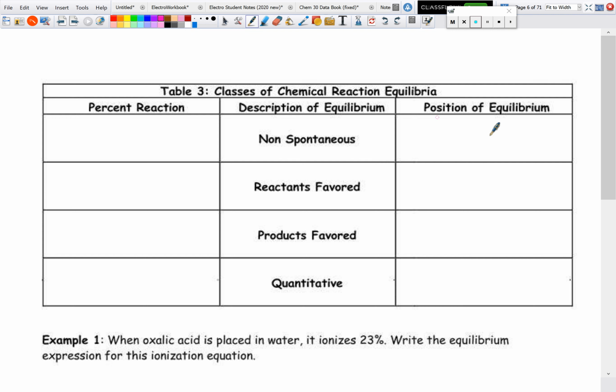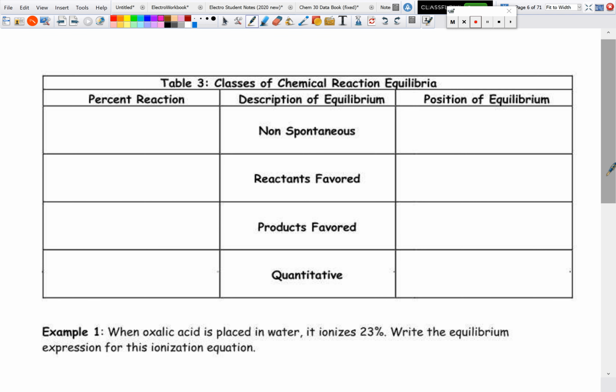Now, depending on what number is above the arrow, there's different ways we can describe equilibrium. So we can describe something as non-spontaneous, reactants are favored, products are favored, or quantitative. So for a non-spontaneous reaction, we basically get a negligible or 0% reaction. So what that means is that we get no products being formed whatsoever.